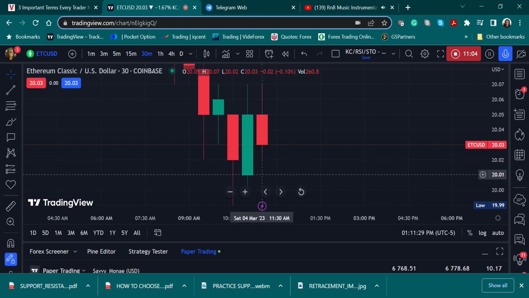Price opened here, retraced, pushed back up, hit its highest point, pulled back, and closed. And as you can see, price opened and closed at the same point, which is $20.05.